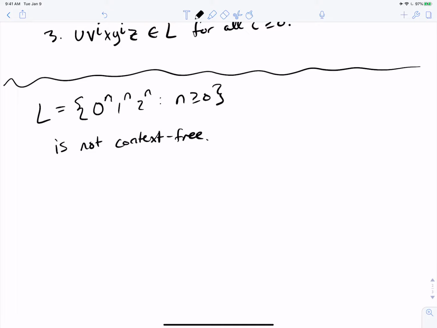But what about the 2's? If we push the zeros on and pop them off when we see the ones, now there's nothing on the stack to check that the number is the same. So here's something interesting. What if I have two stacks?